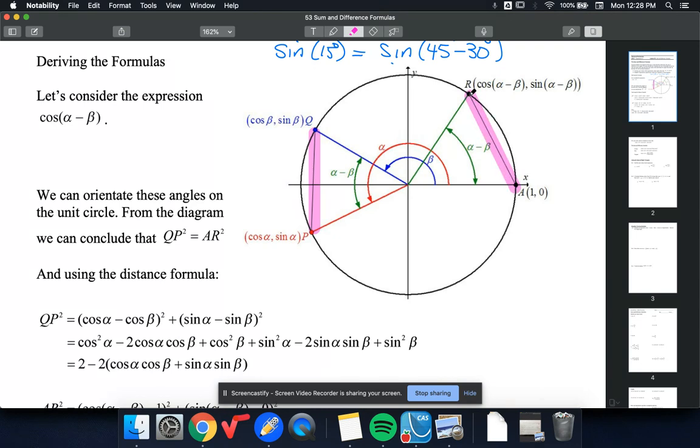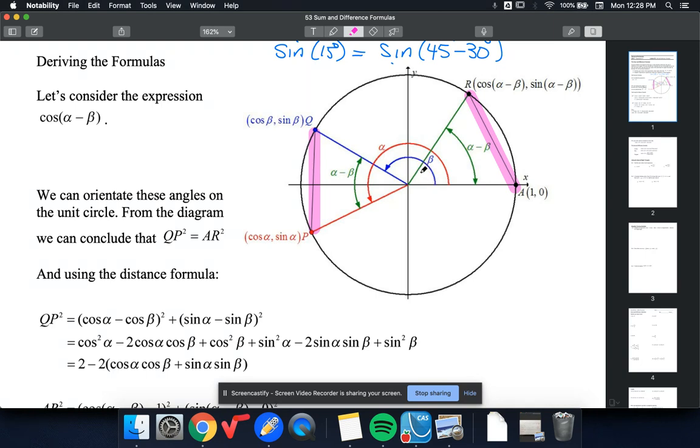Let's think about why that might be. I've got two radii of the circle here, and another two radii here.